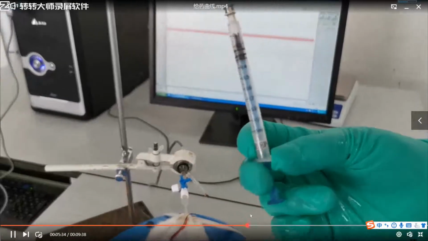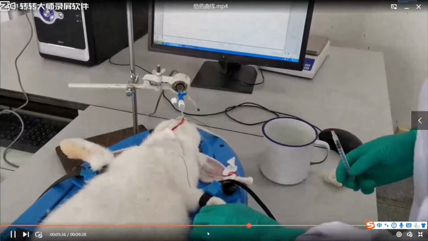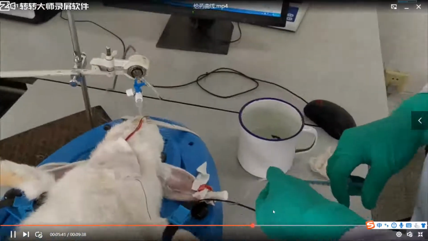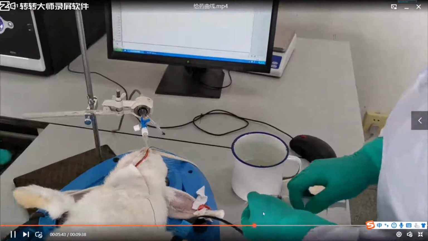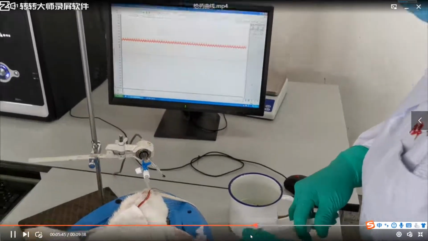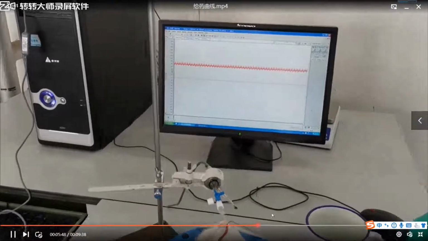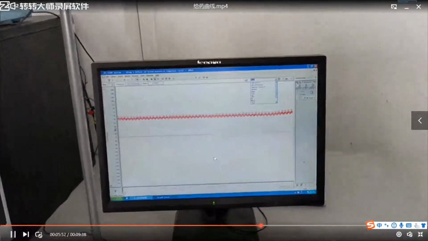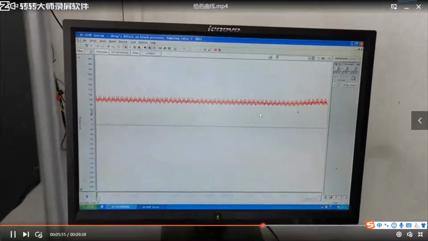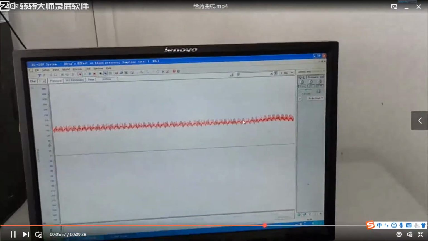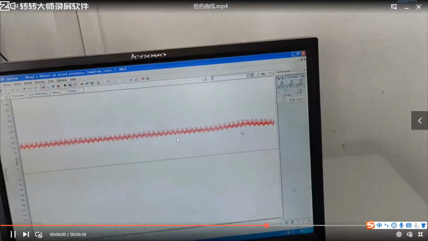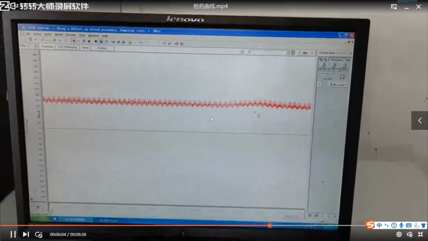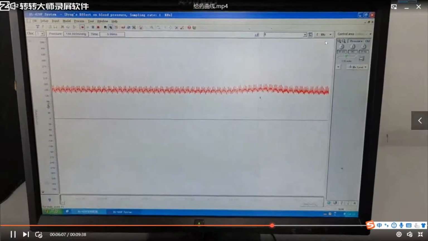So epinephrine is 0.01 per kilo, and we give 0.2 milliliter, by rapid intravenous injection, and then use normal saline to carry the adrenaline into the blood circulation. And in the first step we had known that after we inject adrenaline, blood pressure increased hugely.